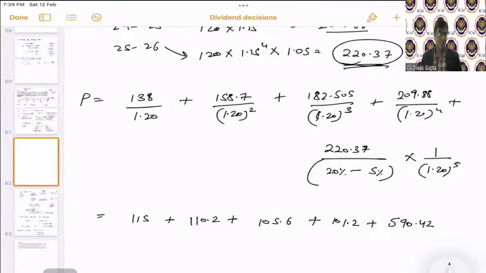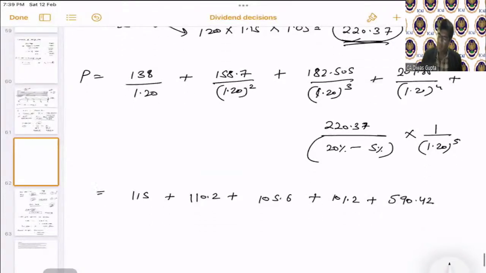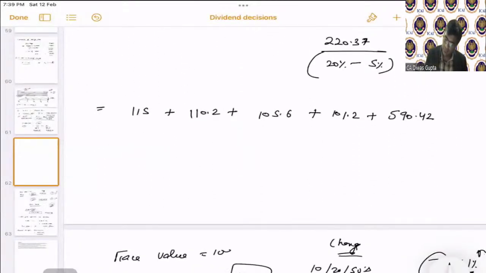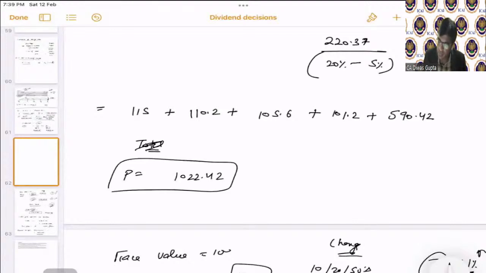Right, students? To solve this, take a total. So this comes as P is equal to 1022.42. This is the price. Right, students? So this is as per the dividend discount model.